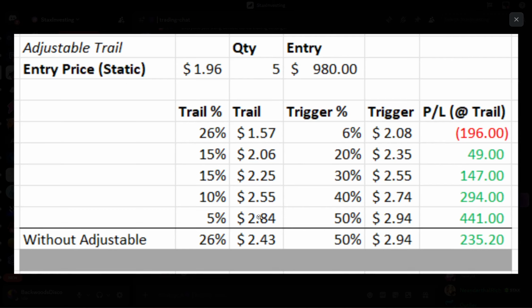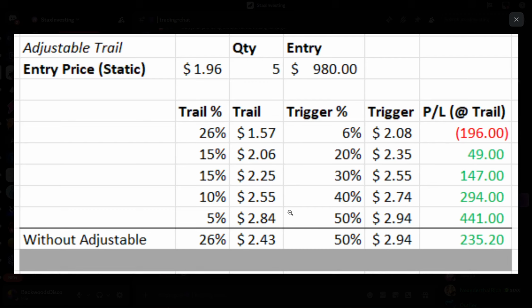So if you were to trail by 26% and it went up to 50%, okay? Then when the price came back down to that 26% trail, you would have made $235, which is pretty good.